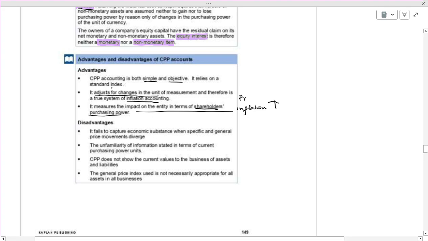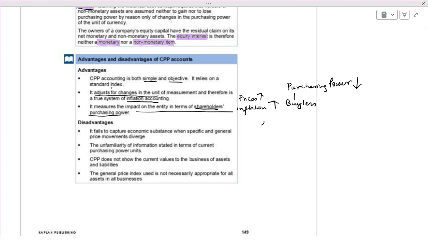In simple terms, if prices are increasing, you will buy less. This is nothing but purchasing power. If inflation increases, your purchasing power will decrease. If prices are increasing, we buy less.